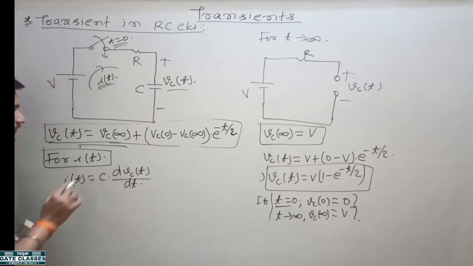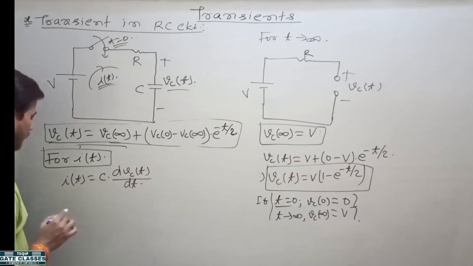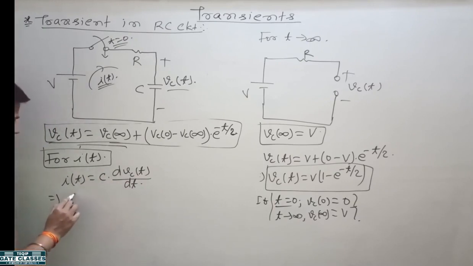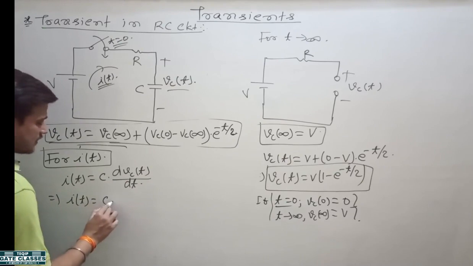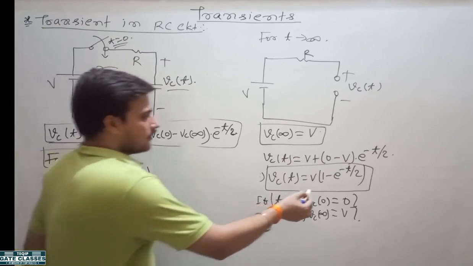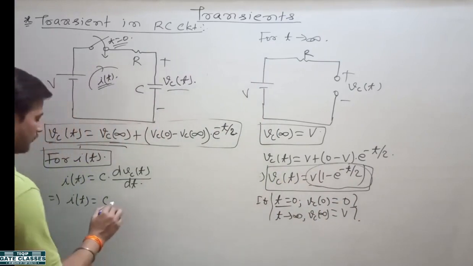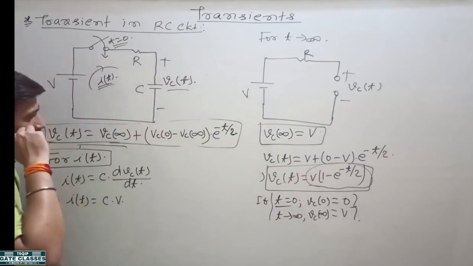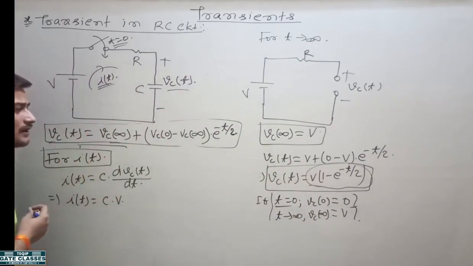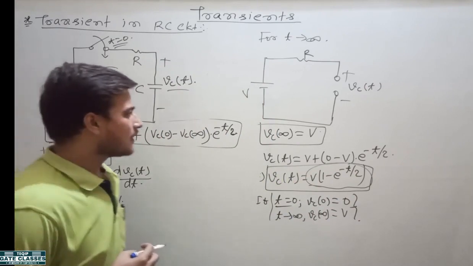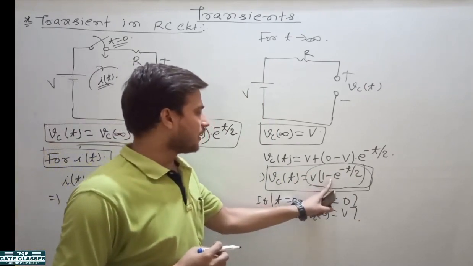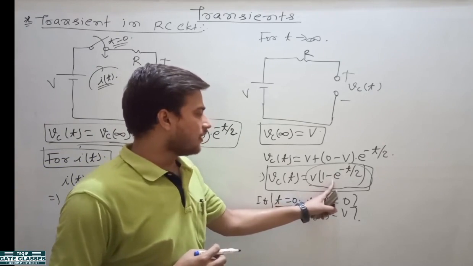So from here we write IT will be equal to C into, now we have to differentiate this expression with respect to t. So here it will be V into e to the power minus t by tau. Here this sign is already negative.